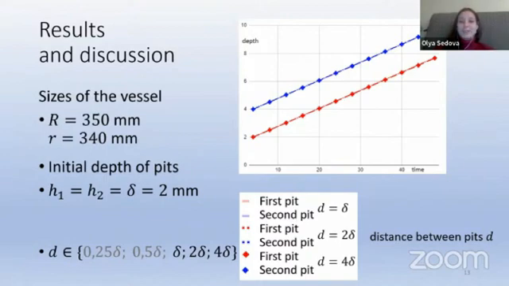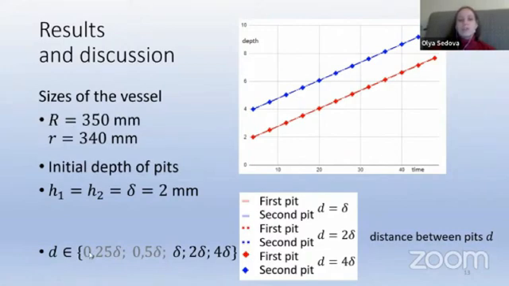There are six lines on this graph that I bet you can see, but believe me, they are there. One of our important expectations was that we would actually see a sixth curve on this graph, but it didn't happen. So it means that the distance between pits doesn't really affect our corrosion process.